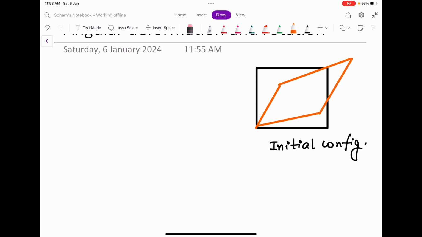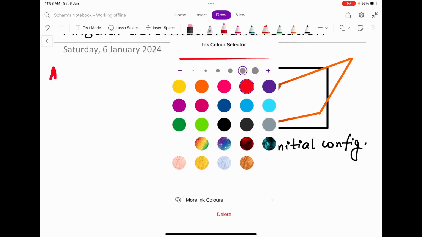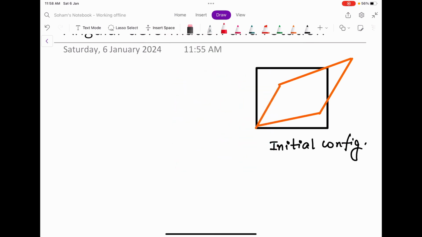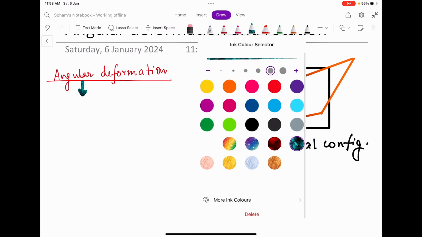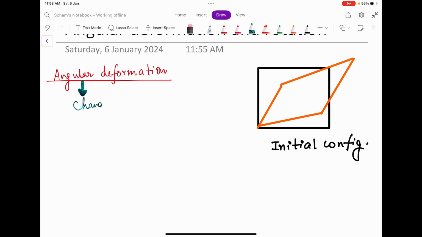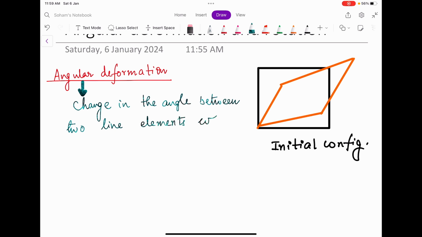Okay, so angular deformation is measured by the change in the angle between two line elements which were initially perpendicular.